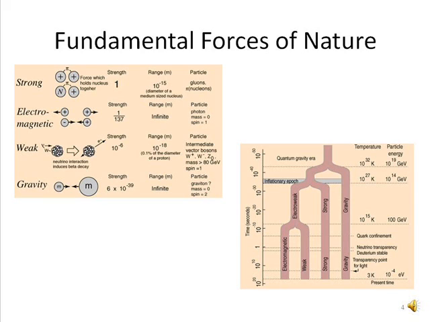Modern physical theories hold that in the early universe there was only one fundamental force. There was a combination of all four. And as the energy in the universe decreased from the extremely high energies and temperatures near the Big Bang, the four fundamental forces became broken or separated from each other.